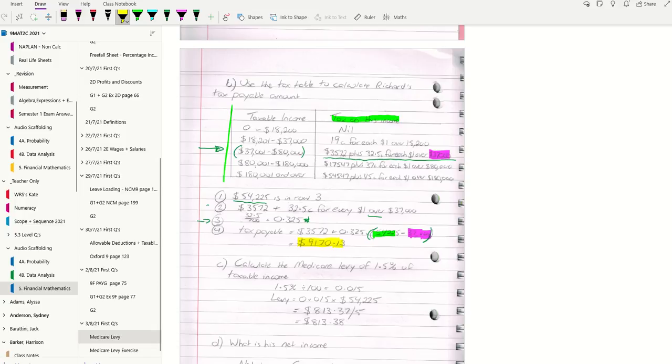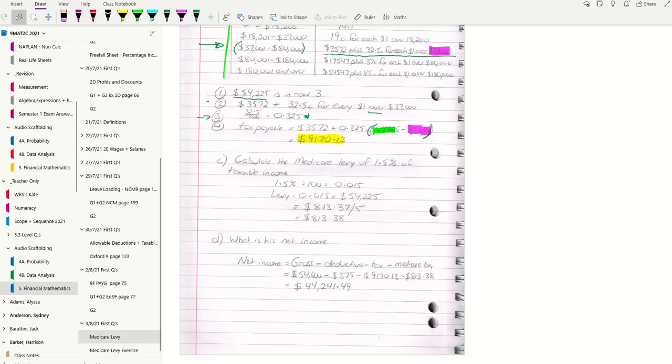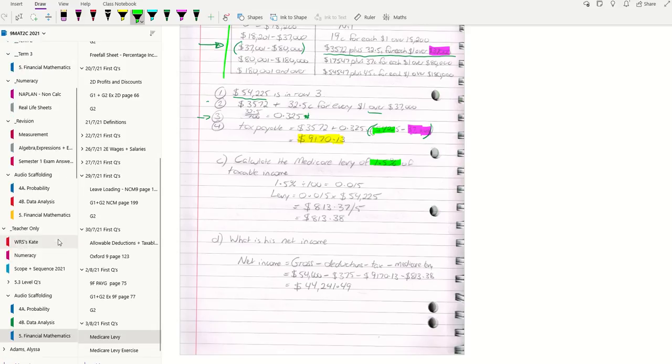The next part is to calculate the Medicare levy of 1.5%. So we're after 1.5% again of the taxable income. Our taxable income was $54,225. First we convert our Medicare levy: 1.5% divided by 100 gives us 0.015.